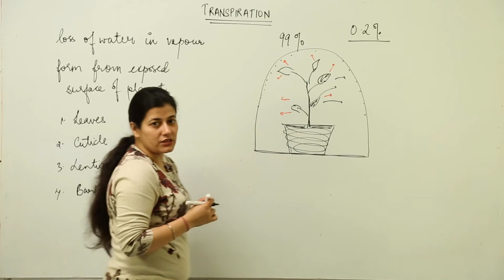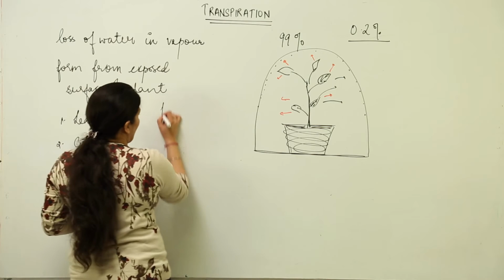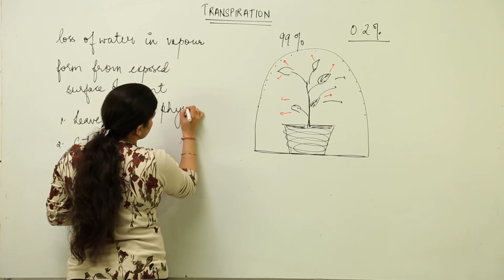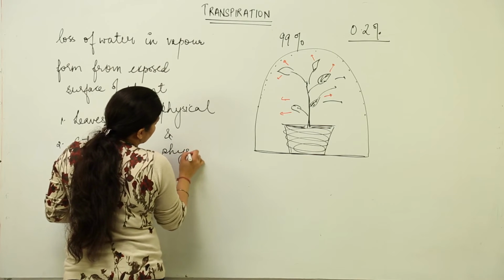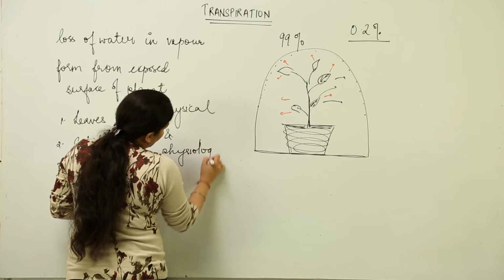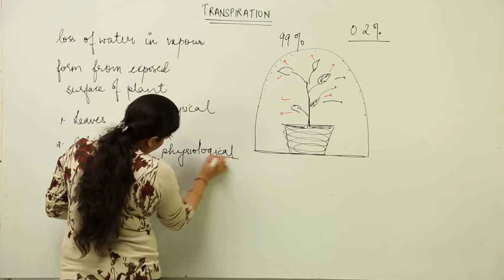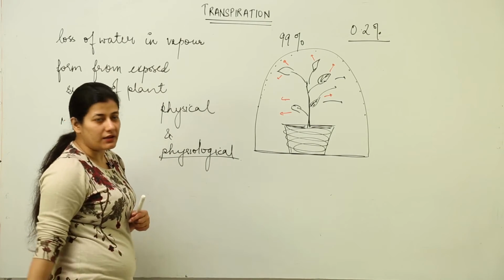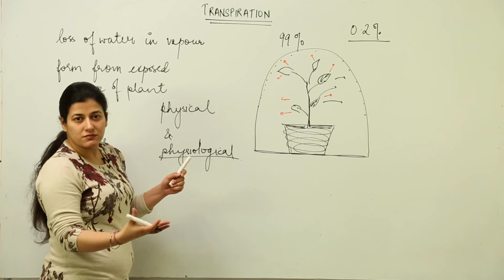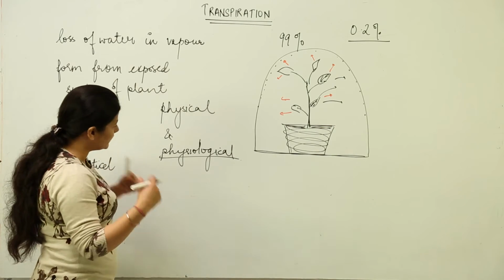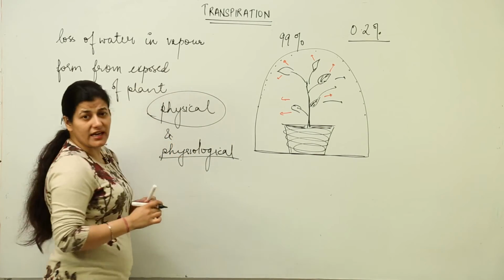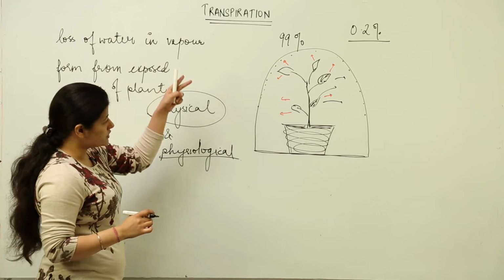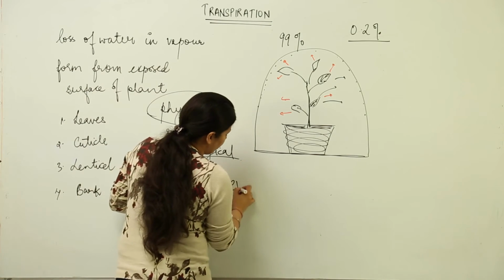Now this transpiration is both a physical and physiological process. This you have to keep in mind. Physical and physiological process. Now we get to understand what physiological aspects it is going to have when we study it in terms of the anatomy of a leaf, how it is undertaking this process. When we talk about the physical aspect of the process of transpiration, it is nothing but evaporation.